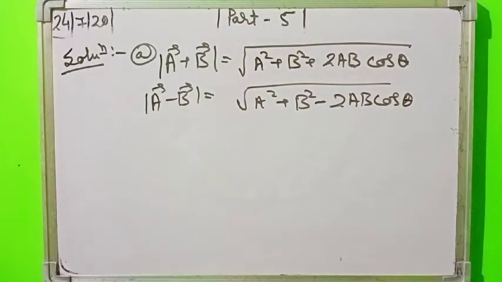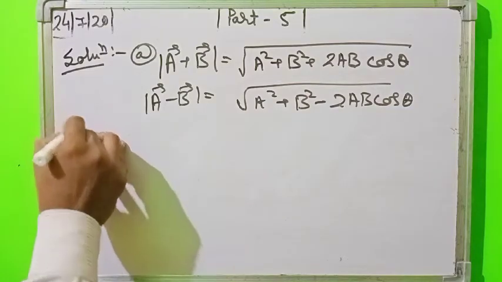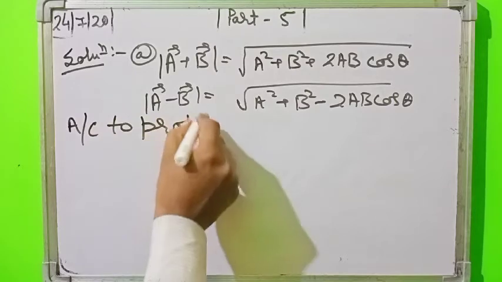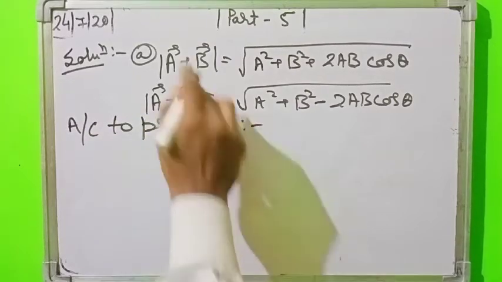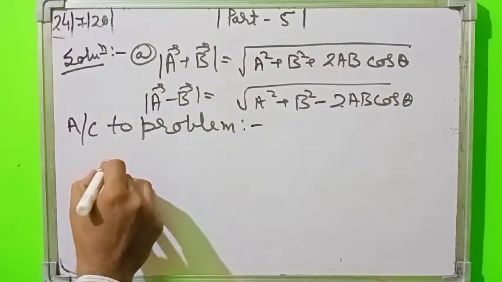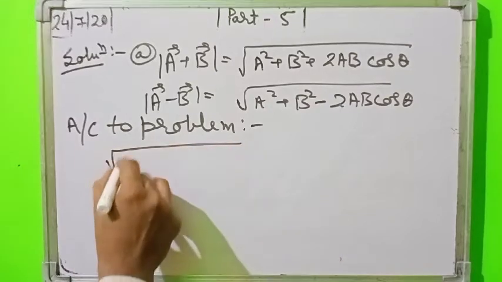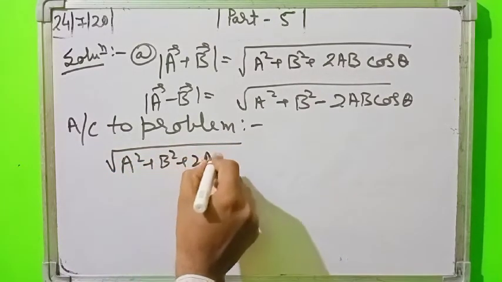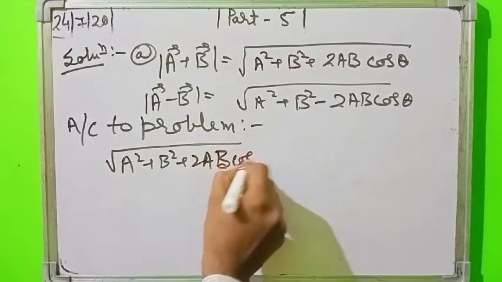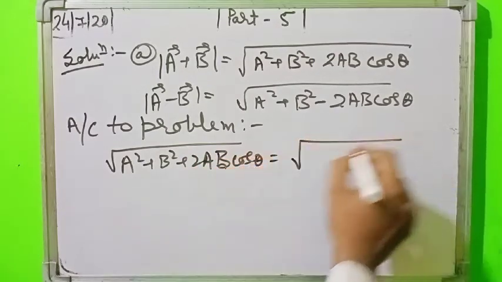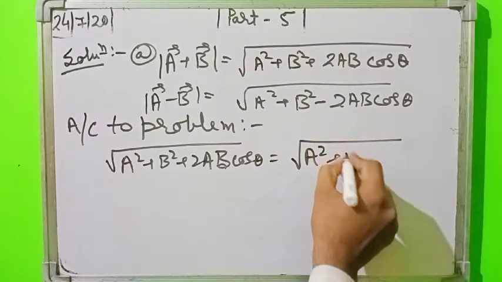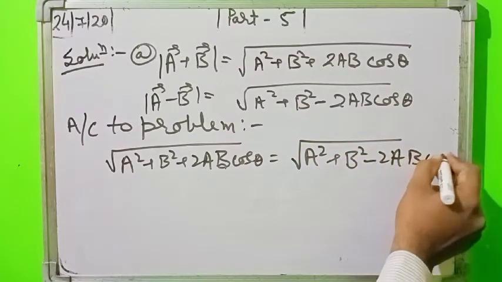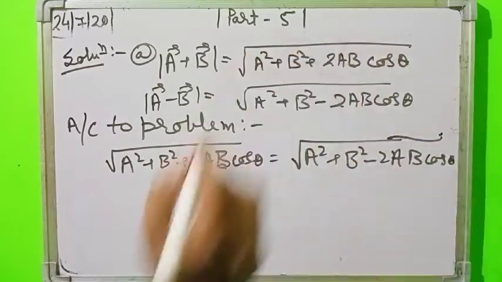Now according to the problem, this is equal to this one, so under root A square plus B square plus 2AB cos theta is equal to under root A square plus B square minus 2AB cos theta.